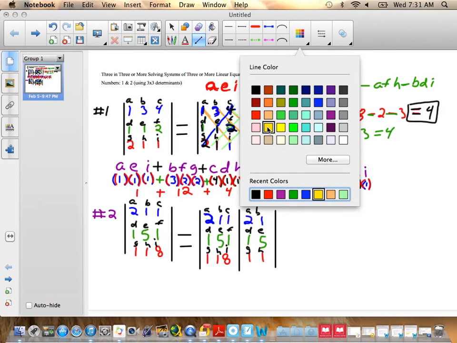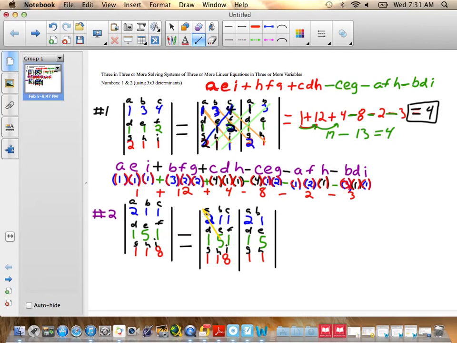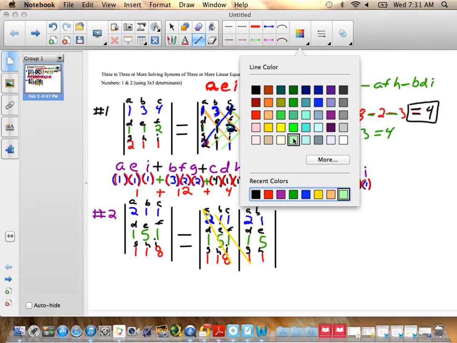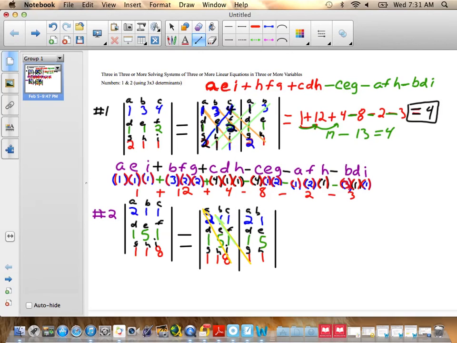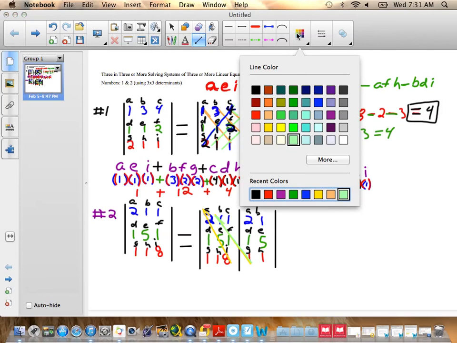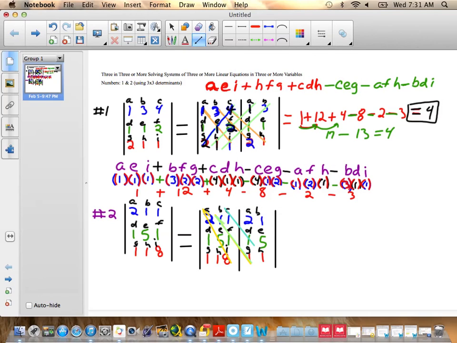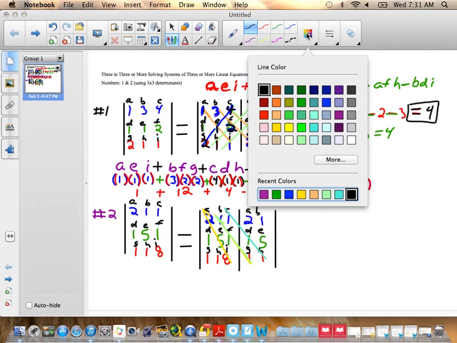So I'm going to come across, and I just say A, E, I, B, F, G, C, D, H. Let me change that color for you so that maybe helps you. I'm going to put those numbers in those corresponding positions.